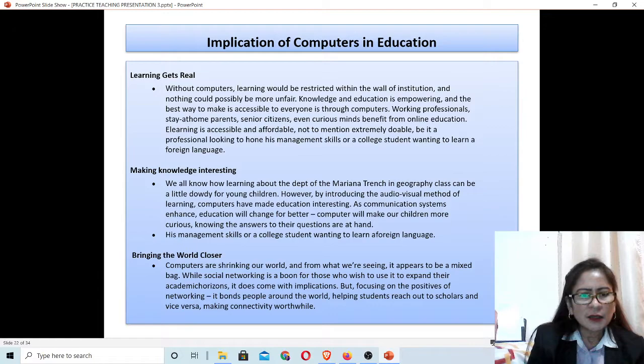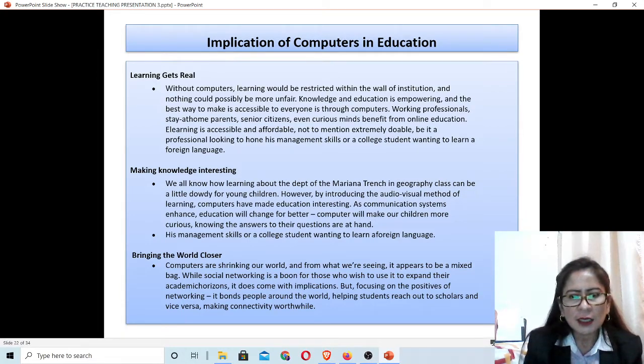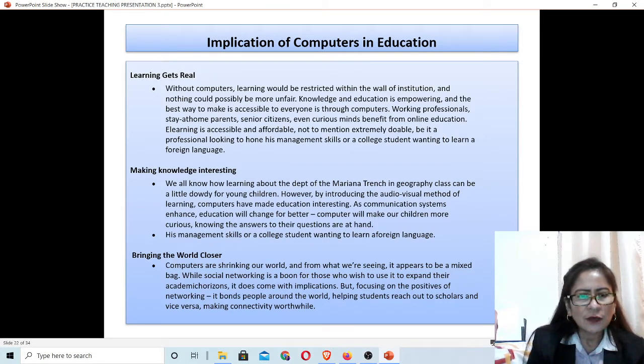Making knowledge interesting. We all know how learning about the depths of the Mariana Trench in geography class can be a little dowdy for young children. However, by introducing audio and visual methods of learning, computers have made education interesting.